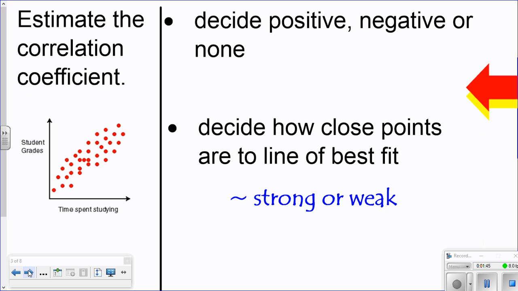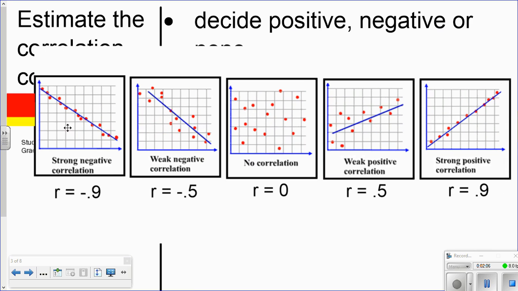When we're estimating the correlation coefficient, remember it's very subjective. You first have to decide, is it positive, negative, or none, and then decide how close the points are to that line. If they're very close, it's a strong relationship. If they're not very close, it's a weak relationship. So here, again, this one has a negative strong correlation, -0.9.